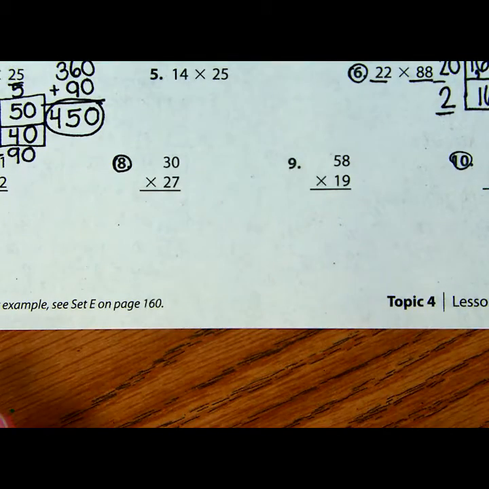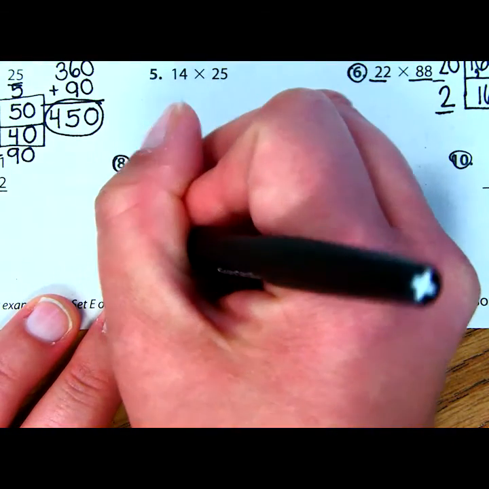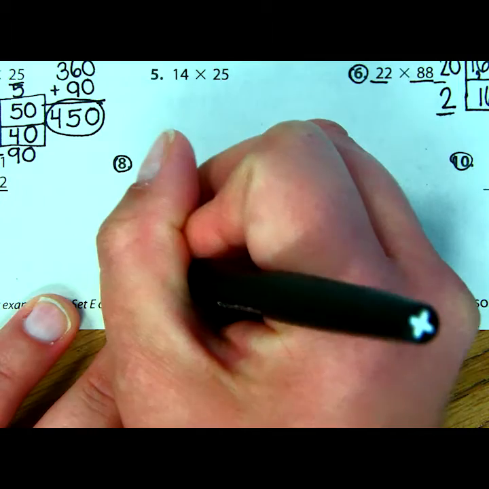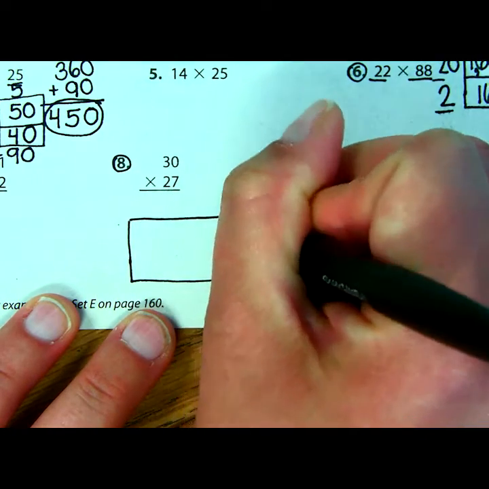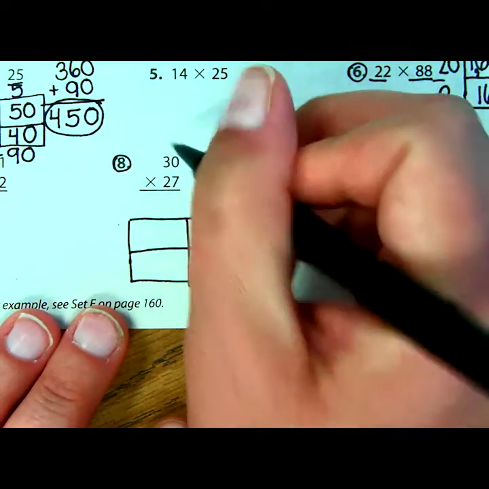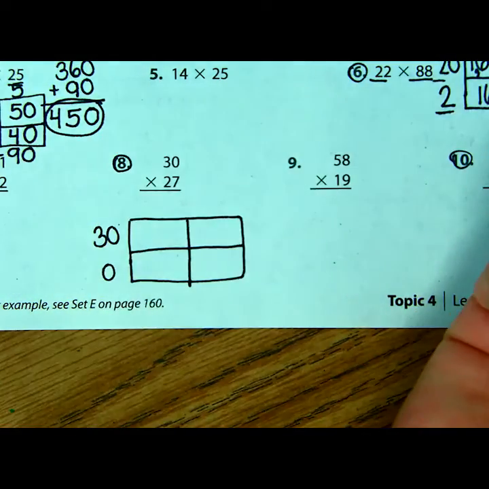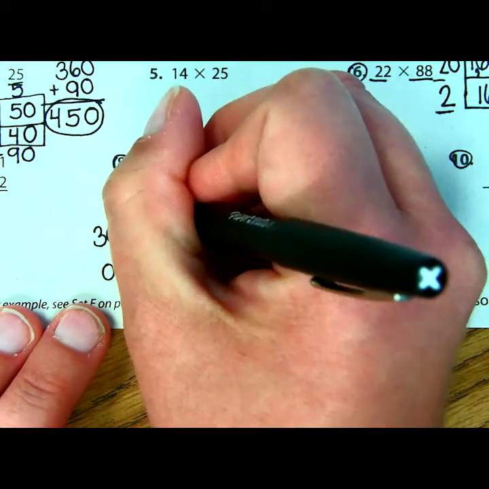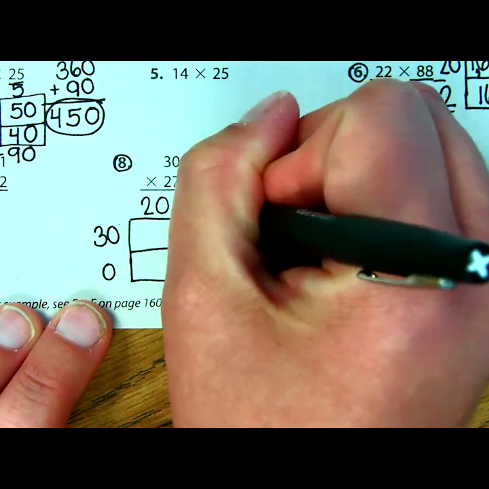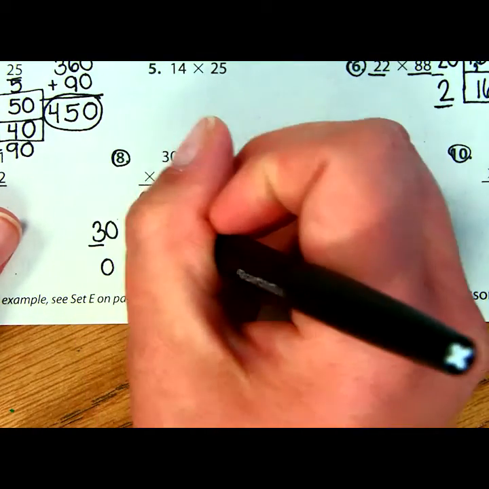Let's keep going. Number 8. 30 times 27. I'm going to set up my area model. Again, this is 2-digit by 2-digit. 30, 30 and 0. And this number 27 is 20 and 7. Now I'm ready to multiply. I don't know 30 times 20, but 3 times 2 is 6.